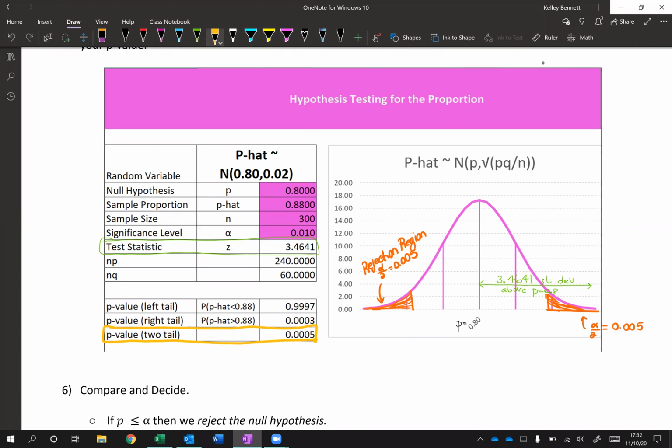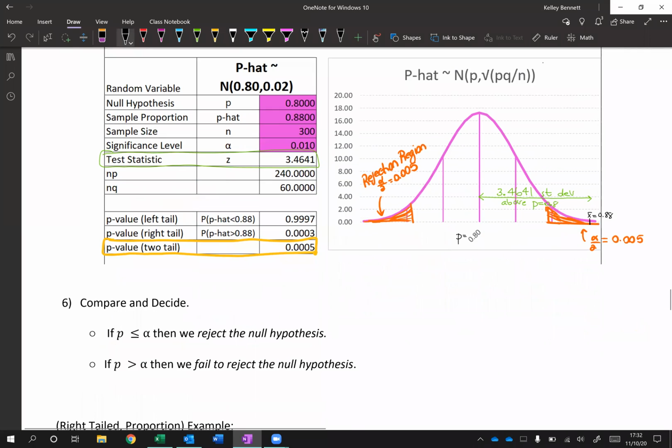So our P value is 0.0005. So p hat is way over here, right? It's really far away from the mean. It's super unlikely that we would just randomly get a sample with that high of a p hat value. So we're going to go ahead and call the people who are claiming 80% liars. We're just like, no, this is so unlikely to happen that I don't believe you with your p equals 0.8.